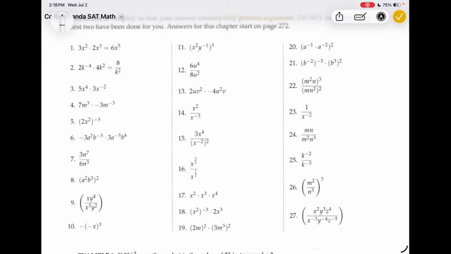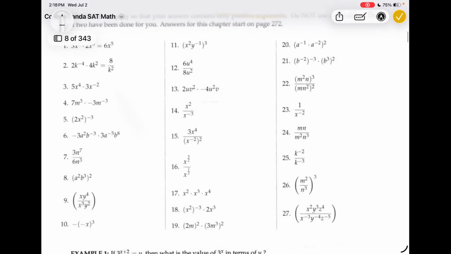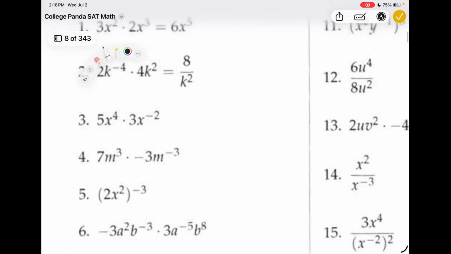So, if I'm seeing correctly here, what they're doing is simplifying this down. So, I guess we'll start with the first one here.